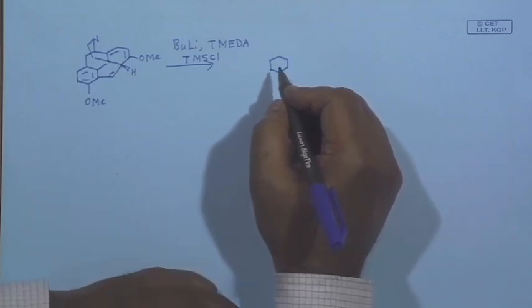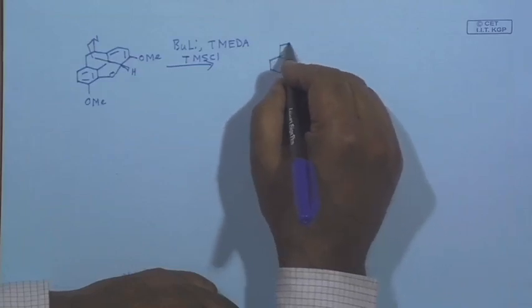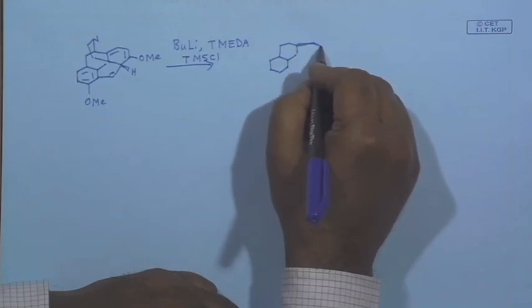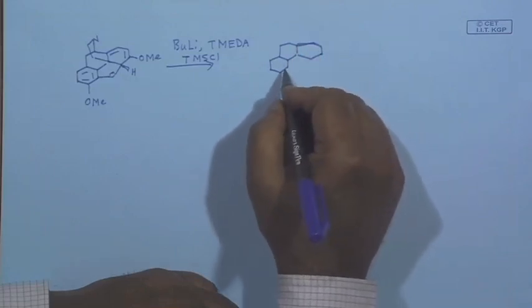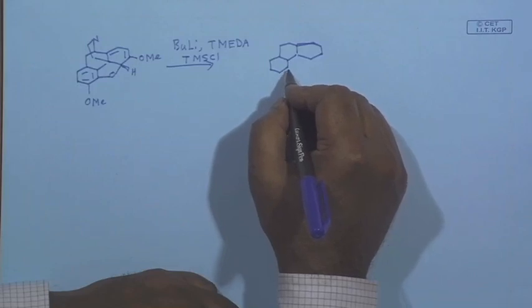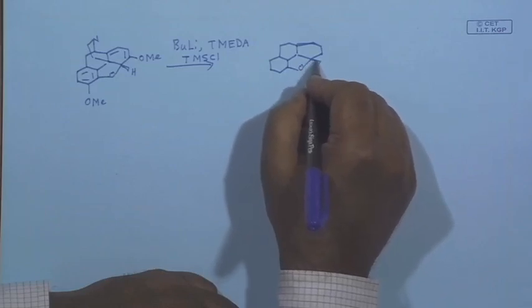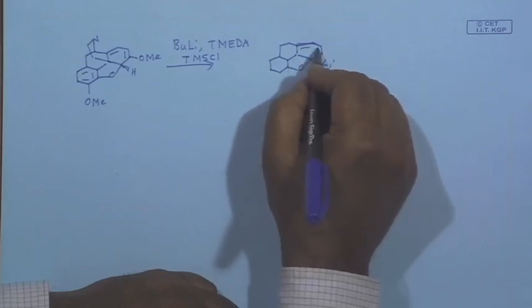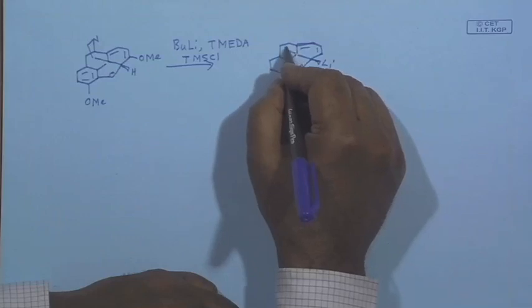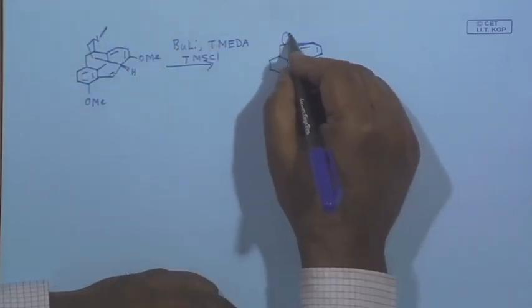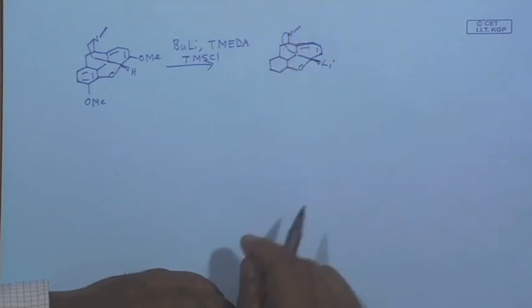Instead of ortholithiation, what happened? The reaction took place at the alpha position, alpha to the oxygen, that means the lithiation took place here, and then rest of the things as it is. Then you have this N-methyl group up here.